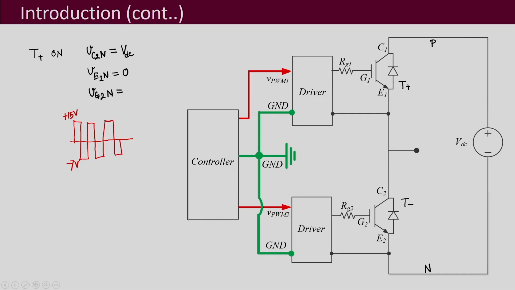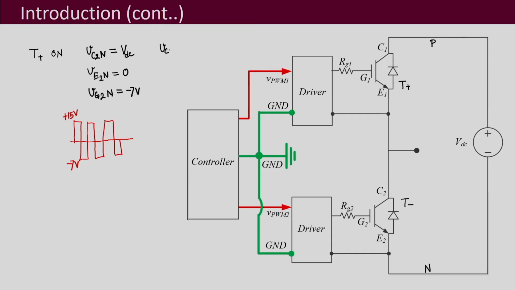So, in that case, your gate voltage over here will be minus 7 volt. This point's potential will be minus 7 volt with respect to E2 or with respect to N.